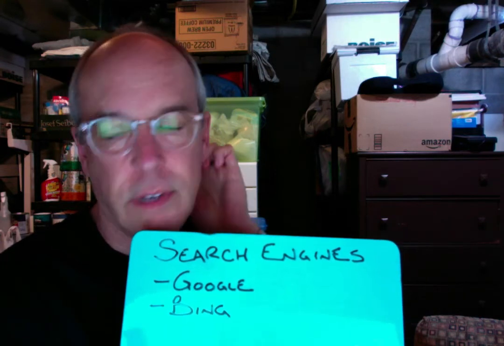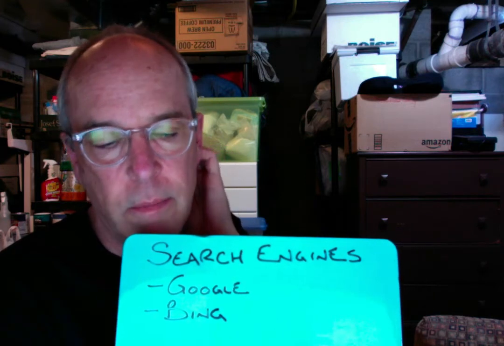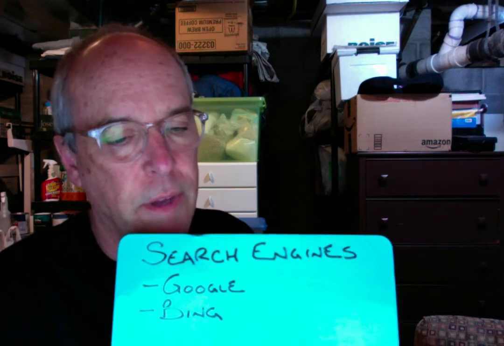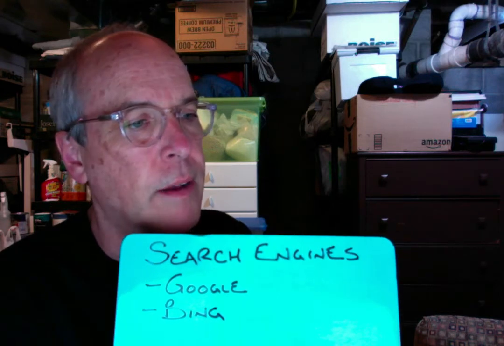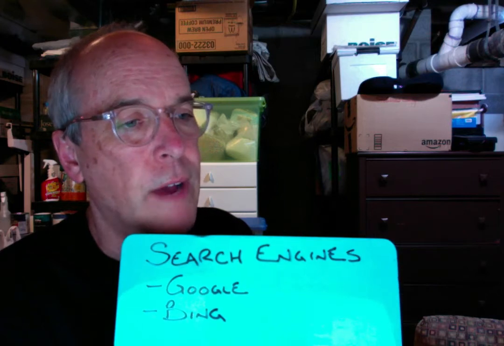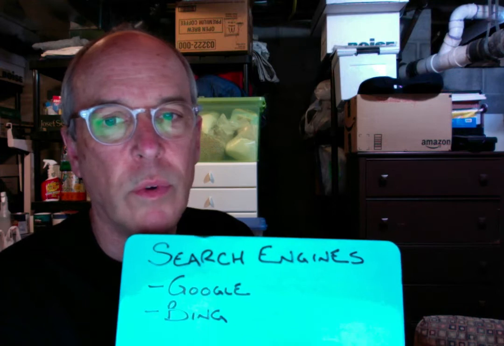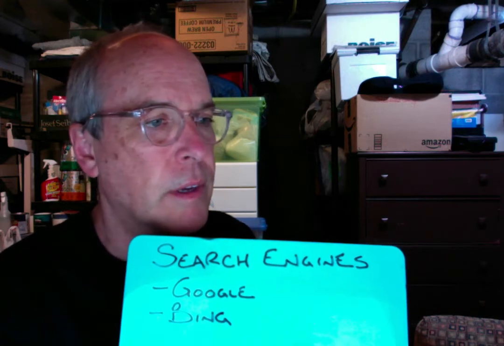It favors older, more established sites, so it's going to probably put near the top of your list a lot of things that have been around for a while. About 5 to 10% of the searches in the world are done through Bing, I guess.